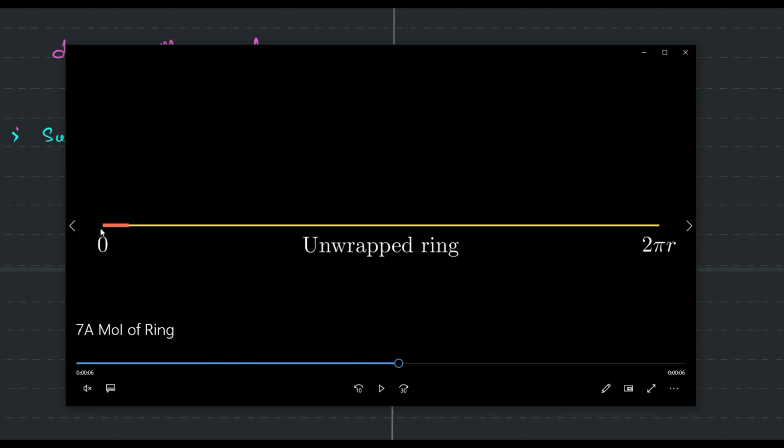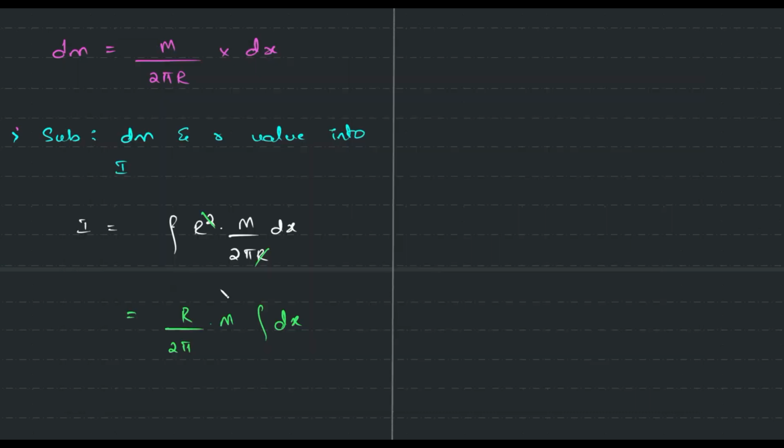I need to add the effect of all of them, from one end to the other end. So I'm integrating from 0 to 2 pi r. Does it make sense?